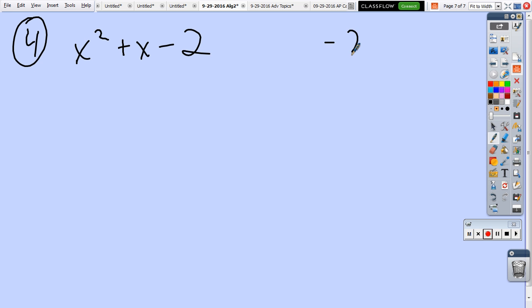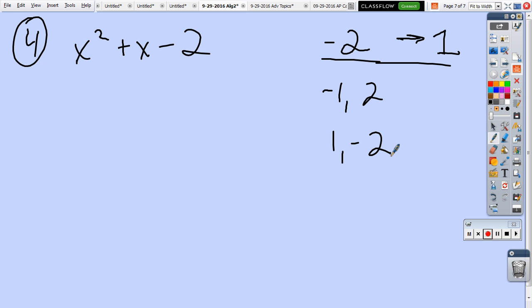So I'm going to list factors of negative 2 that add to 1. Factors of negative 2 are negative 1 and positive 2, or positive 1 and negative 2. I need them to add to positive 1. Yeah, and then there you go. So it's x minus 1 times x plus 2.